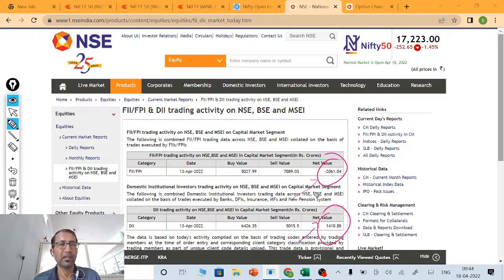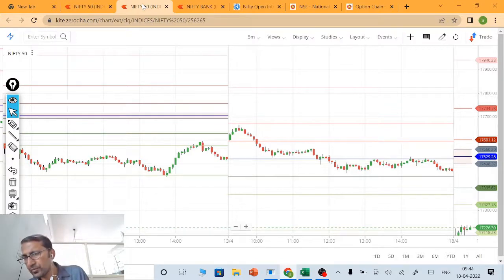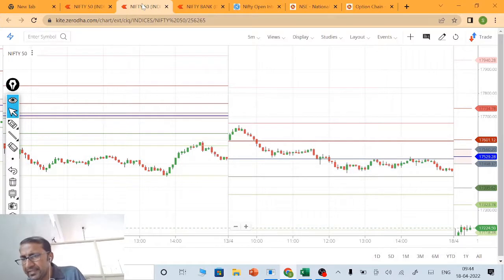Now let me focus on the charts, all important charts for the day. First let me come to the Nifty chart. What is Nifty suggesting? Now Nifty is trading at around 17,200 levels.